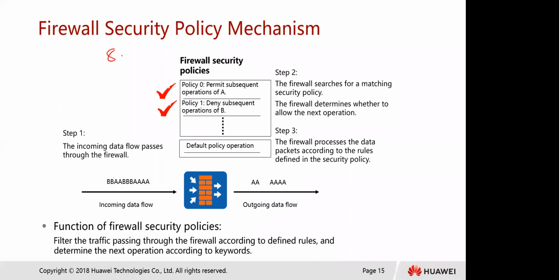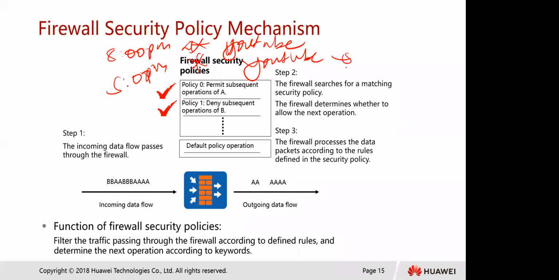If it is early in the morning, do we allow people to access YouTube, or do we deny because people will consume our bandwidth? If it clocks 5 p.m., allow our users to access the YouTube IP address and enjoy accordingly.